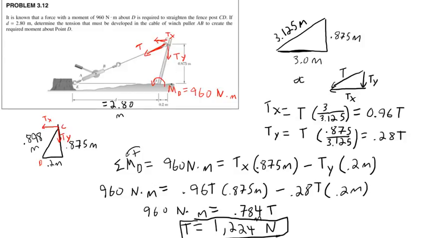This force is clearly rotating clockwise about point D. Tx is causing a counterclockwise rotation. That's why it's positive. I think the trouble you're having is that you're not visualizing them as broken apart forces. You need to think of them as completely separate and independent forces, because they are. So the components of forces are independent. Don't try to look at them together. Consider them independently. All right, other questions?